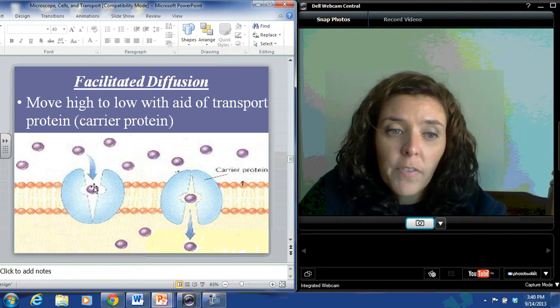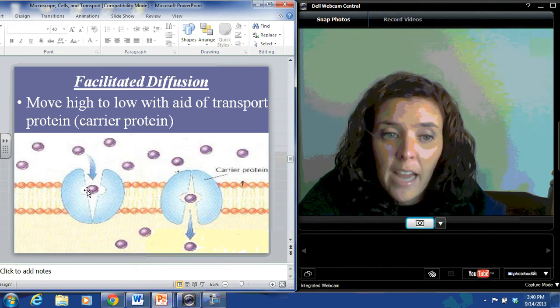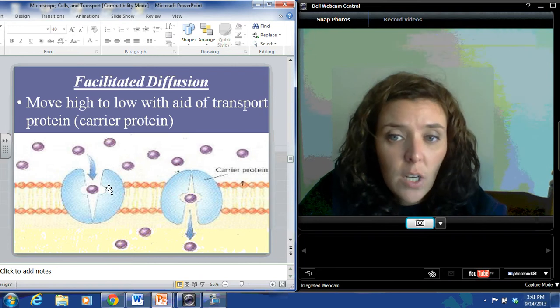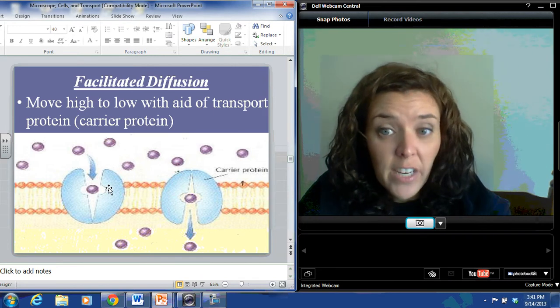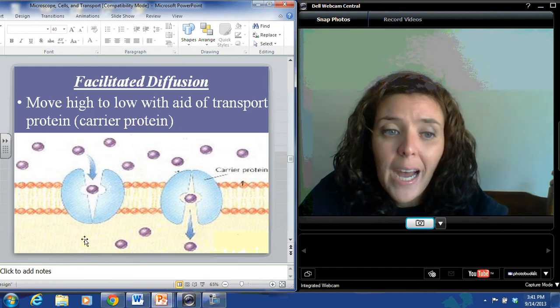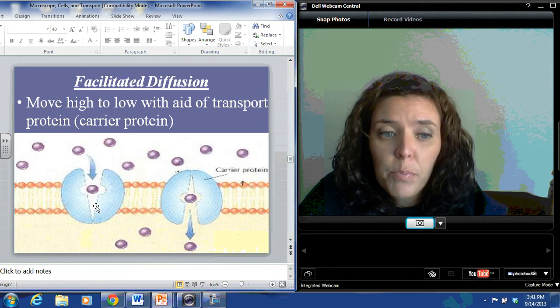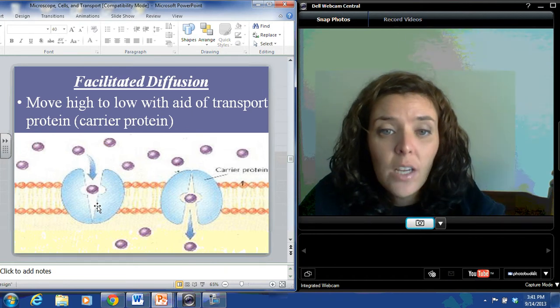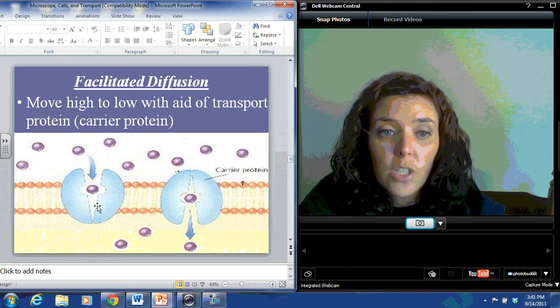So this specific one is going to be unique to that shape. If there was like a triangular molecule out here, this would not work. Kind of like enzymes, they're very specific. Okay, so in this case, molecules move from high to low, but they need a protein carrier to help them. So this is called facilitated transport or facilitated diffusion.